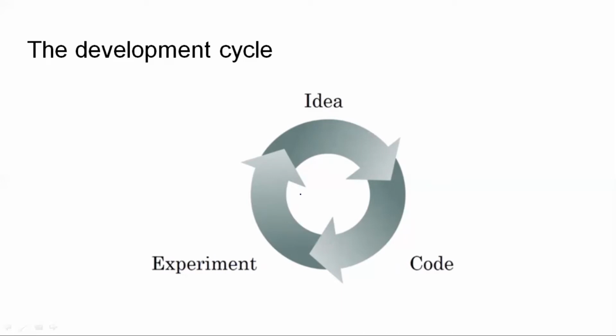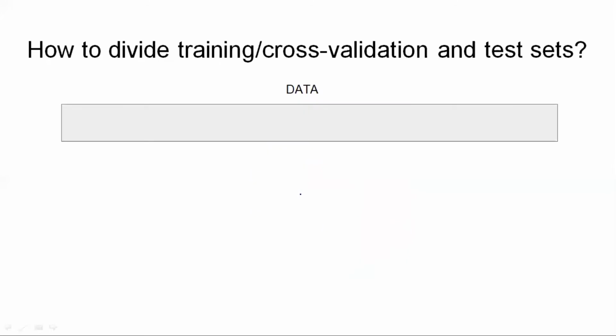Now let us move to the next slide. Here you can see that we have a data set, which is represented by this rectangle. Now I'm going to tell you how we can effectively divide this data set into three sets: a training data set, a cross validation data set, and a test set.